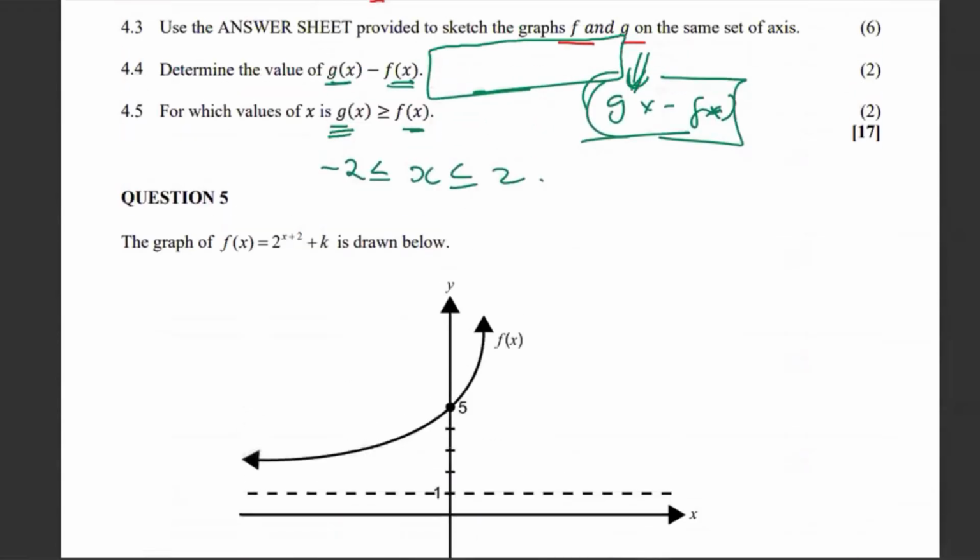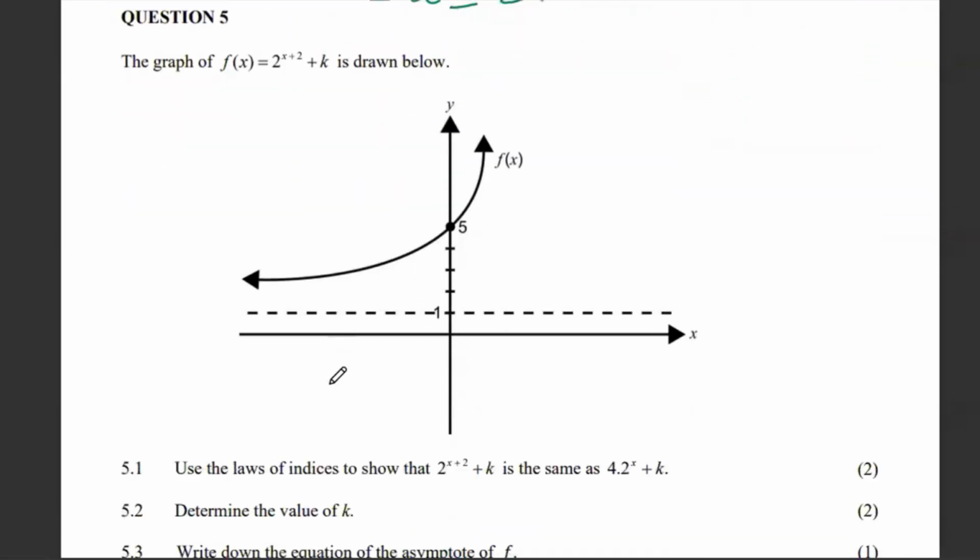Okay, so we're going to say that -4 is less than y is less than 0. This is the only region that we have for this. Alternatively, if they ask us maybe g of x minus f of x is equal to a particular number, maybe 3 or 2, then we're going to be in position to determine the value of x. Here, they're not specific to find the value of x, so it's basically the value of y that they need.